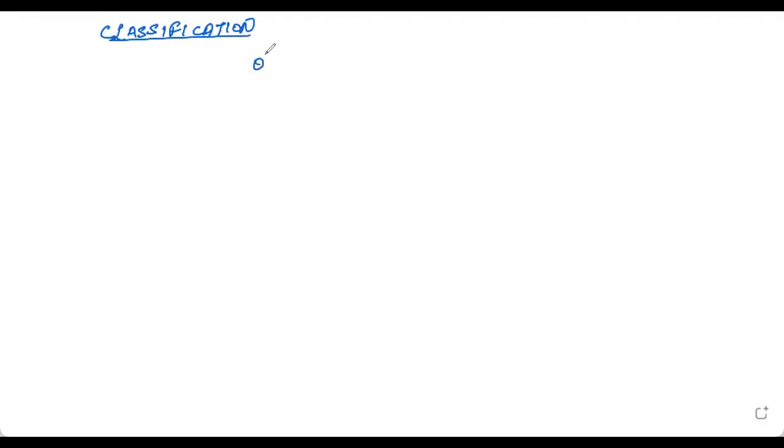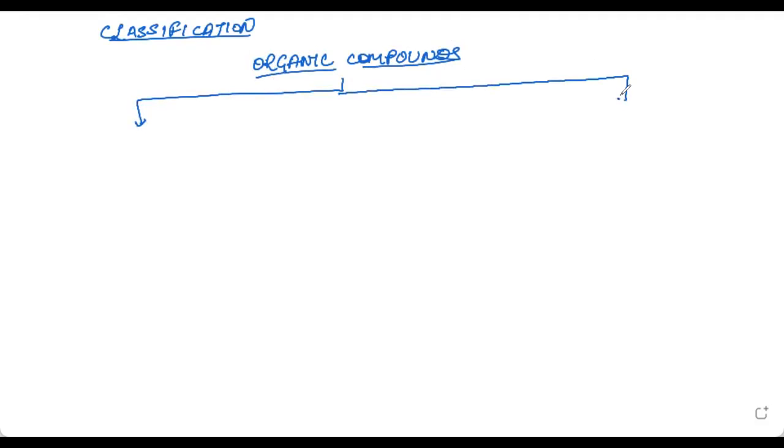So here we can write the organic compounds. These are of two types in a broad way. These are open chain organic compounds or acyclic organic compounds.